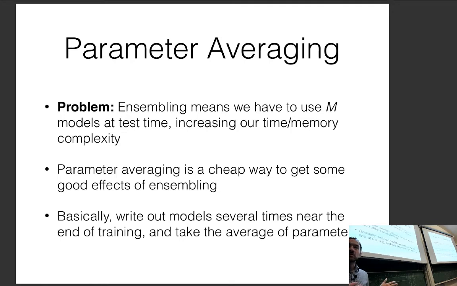This is very easy to do because very often you'll be writing out checkpoints anyway, like when you evaluate on the dev set, so you can do early stopping or something like this. So just averaging them is a minimal amount of effort, no additional training time, no additional test time. This is something I can recommend. I've used it frequently in the past myself, so this is a good technique to know about.